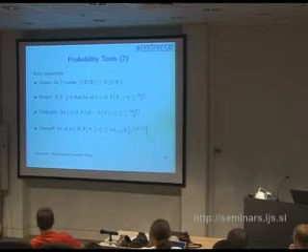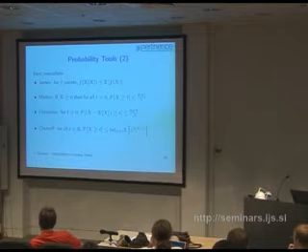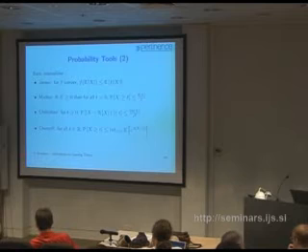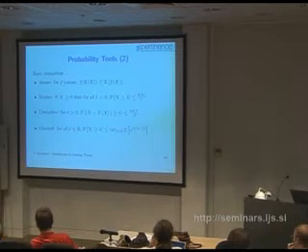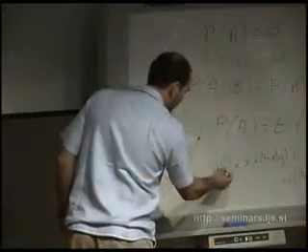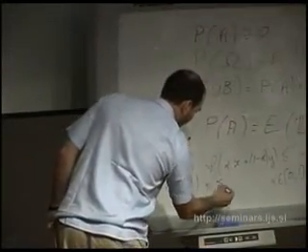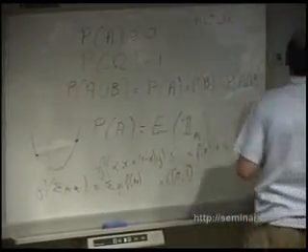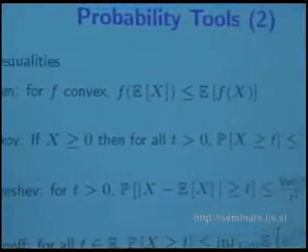So if you have f of the sum of pi xi, which would be the expected value of a random variable that takes value xi with probability pi, where the pi sum to 1, by repeating this inequality you get that this is less than the sum of pi f of xi, which is exactly the same as saying the function applied to the expectation is less than the expectation of the function.